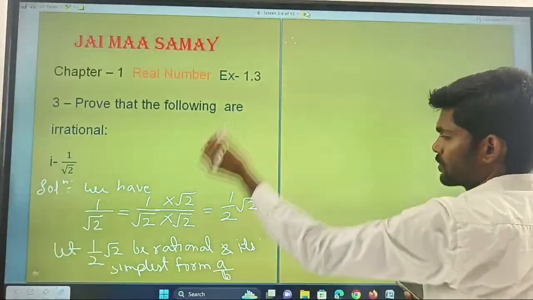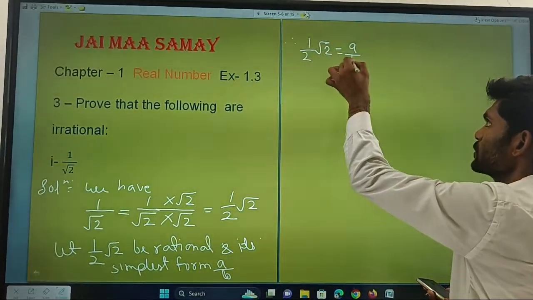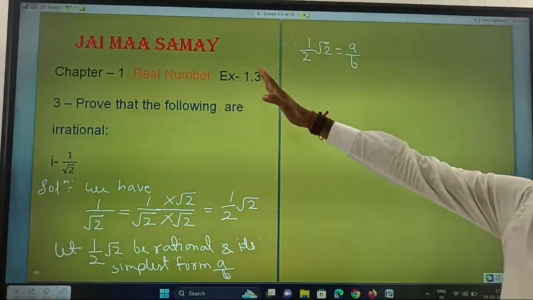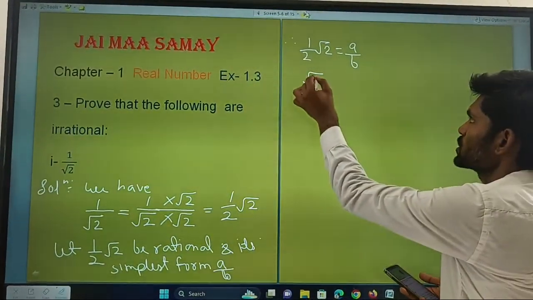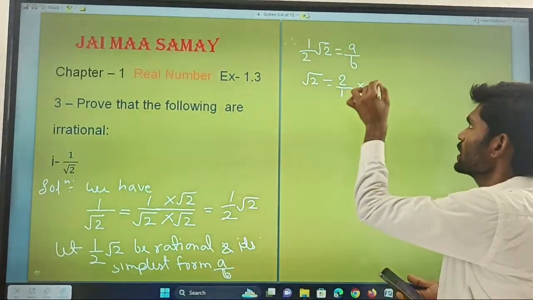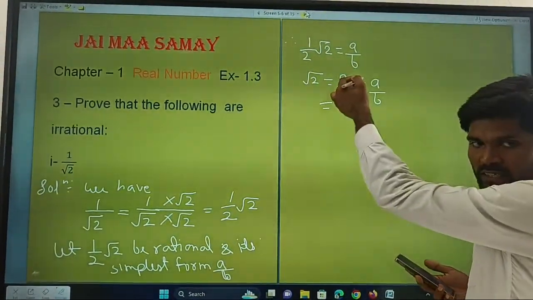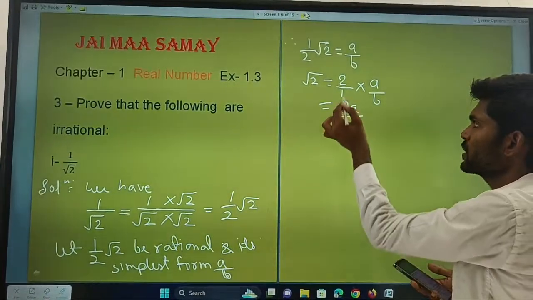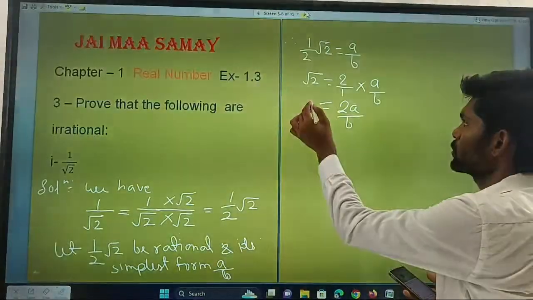Therefore 1 upon 2 under root 2 is equal to a upon b. Clear? Simple. Multiply 1 upon 2 from the left side to the right side, then under root 2 is equal to 2 upon 1 into a upon b. What is the answer? The reciprocal goes to the other side: denominator, numerator. 2 multiply a, then 2a upon b. Clear? Here under root 2.